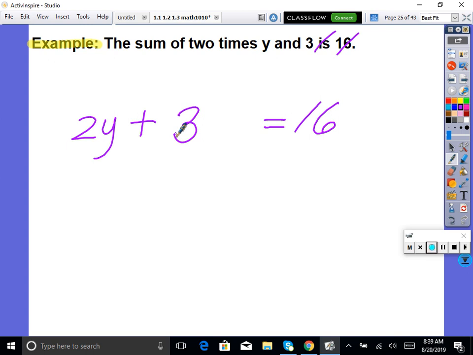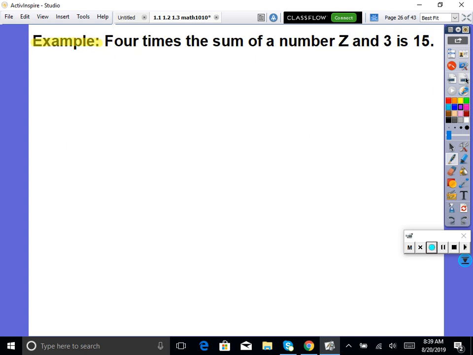Now we have to look really carefully at this problem versus the next one. So let's read this next one. 4 times the sum of a number z and 3 is 15. There's a teeny tiny word difference on this one that's going to make a world of difference in how we set it up. So first of all, "is 15." Doesn't that mean equals 15? Okay, so it says 4 times the sum of a number z and 3.